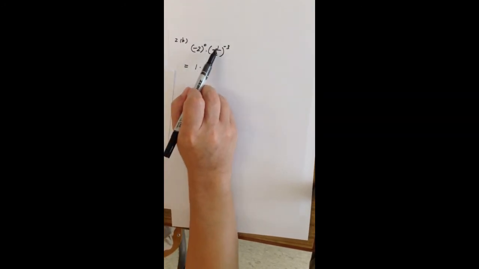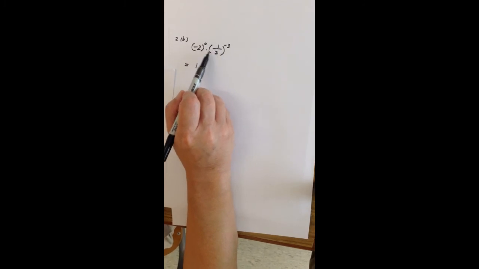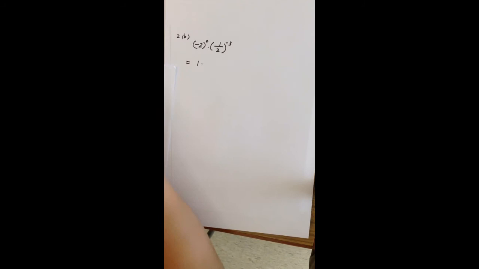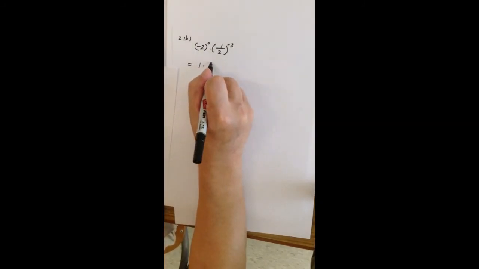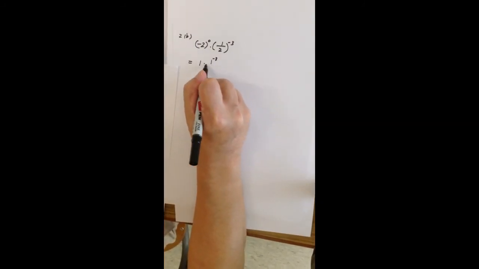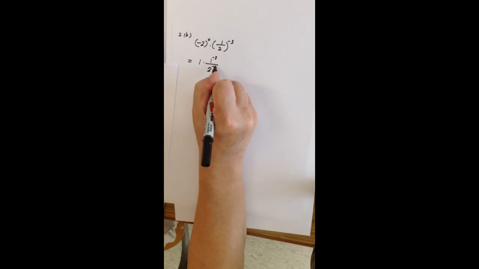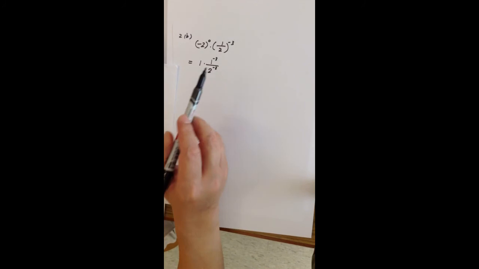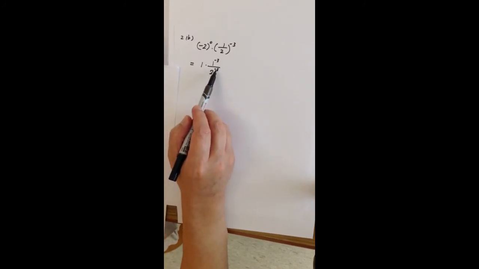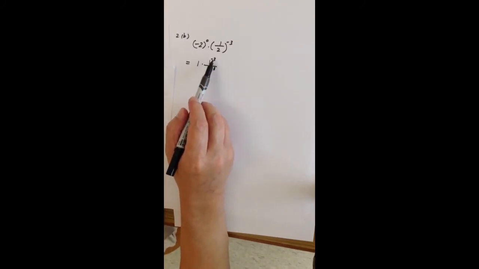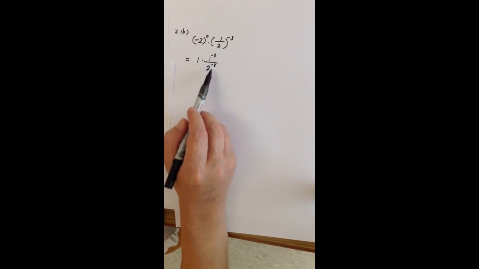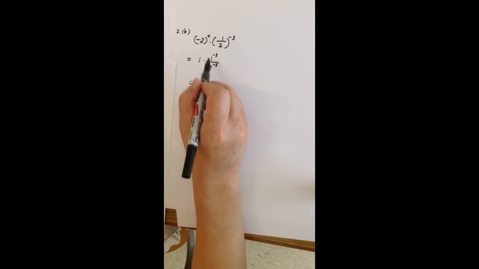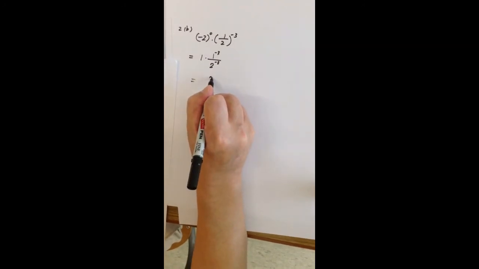How to deal with the 1 over 2 to the power negative 3? We repeat the same procedure as 2a. It means that 1 to the power negative 3, 2 to the power negative 3. But there is a negative index. We change the negative index into positive index by interchanging their position. Now remember, 2 to the power negative 3, put it back into the numerator.